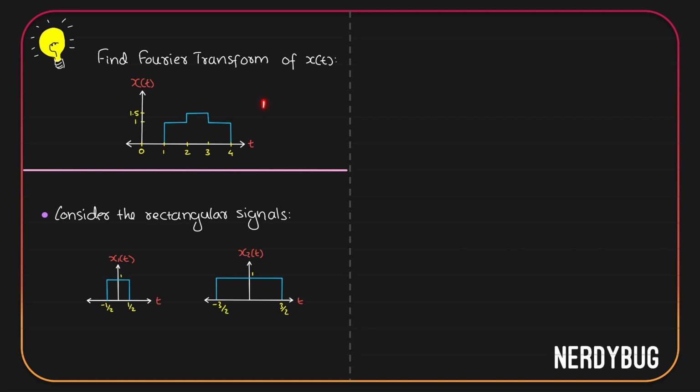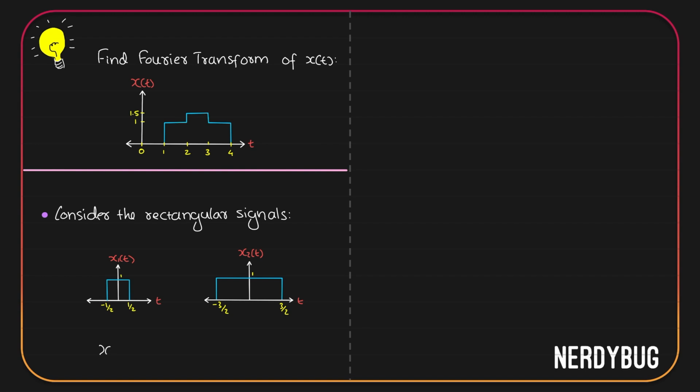We can see that x of t is actually a linear combination of x1 of t and x2 of t. If we put x1 of t at the middle of x2 of t over here, we'll actually get the same shape, but then we'll also have to shift it a little bit towards the right to get x of t.